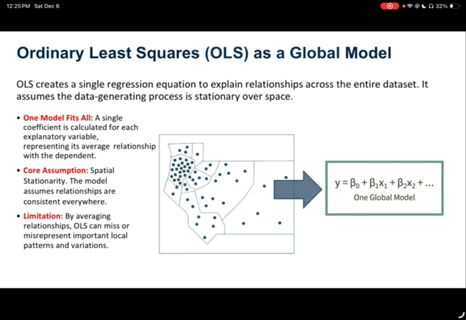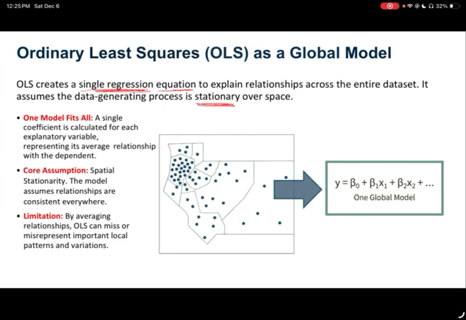So first, in order to make a baseline model, we often use OLS as a global model. As I mentioned before, OLS only creates a single regression equation to explain the relationship across the entire dataset. So it assumes the data generating process is stationary over the place.